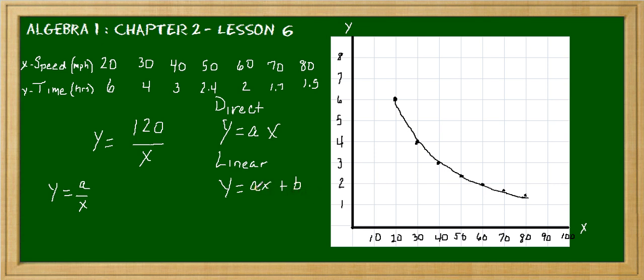We know that a and b are constants, and now we are learning the inverse variation, which is written in the form y is equal to a over x, or a divided by x.